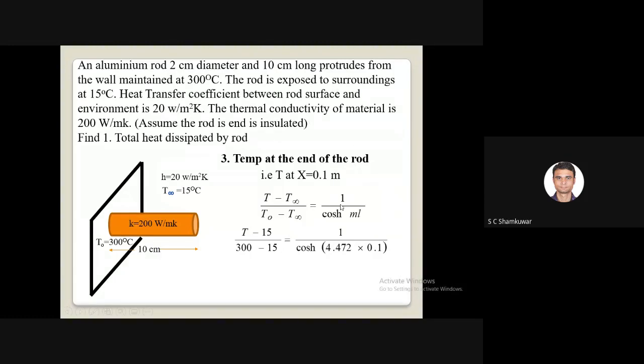So at the tip, X is equal to L. So the numerator becomes 1. So you need to find out the temperature at the end of the rod now, when X is equal to 0.1, length is equal to now X.